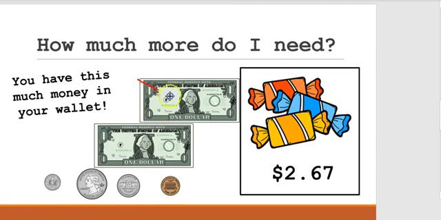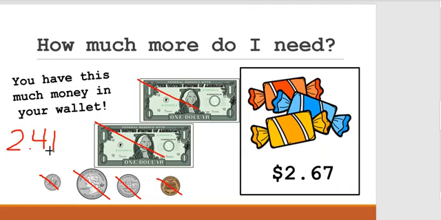If I've got $1, I've got $2, I've got $2.25, $2.35, $2.40, $2.41 as I crossed out and counted those bills and coins.